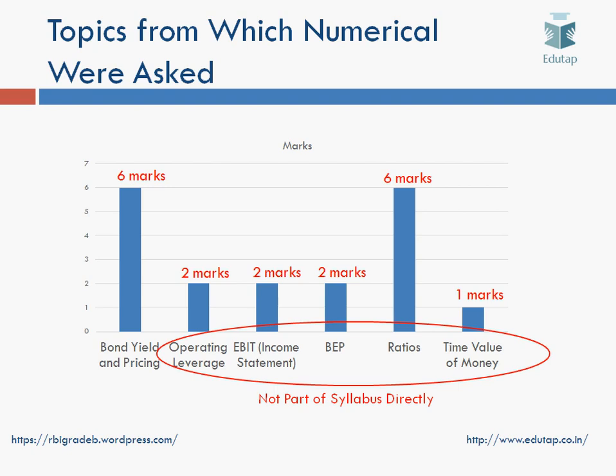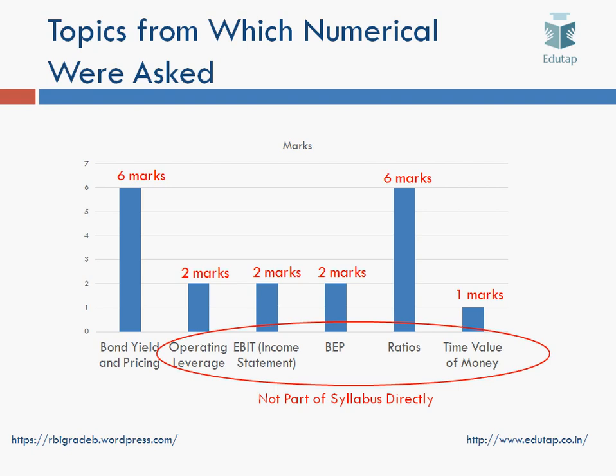You will not find them anywhere in the syllabus if you scan through it. Now, out of these 5 topics which are out of syllabus, time value of money is a very basic topic of finance. You cannot attempt bond yield and bond pricing without knowing time value of money, so in a way time value of money can be related to bond yield and pricing.